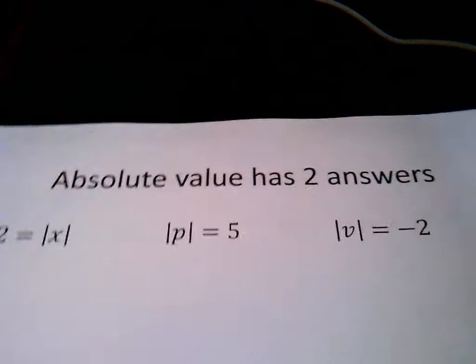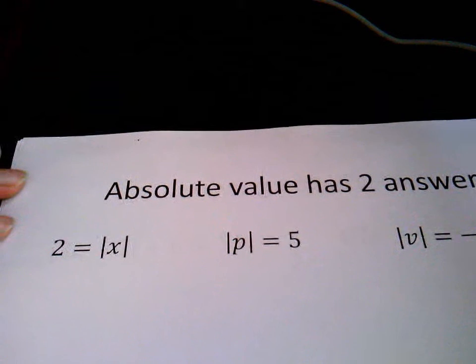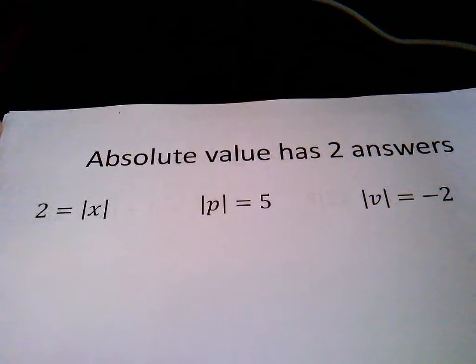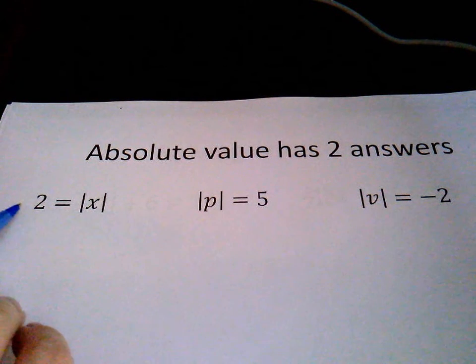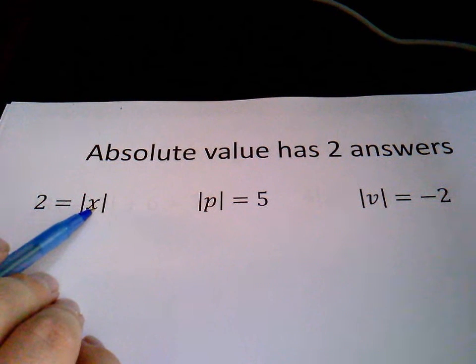So, absolute value, for the most part, has two answers. Sometimes it has no answers, and on very rare occasions, it has one answer. But in this case, we're looking for absolute value has two answers. For example, if you have the absolute value of x equals 2, there's two numbers that are exactly 2 away from 0.